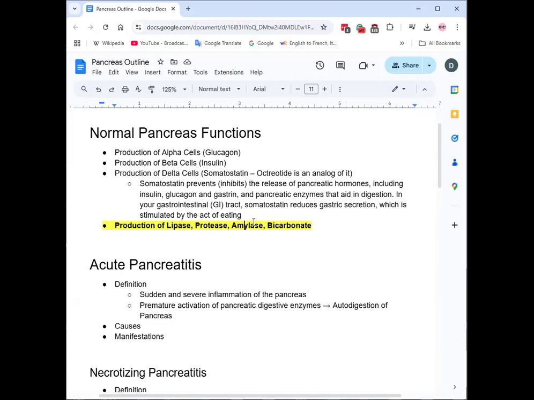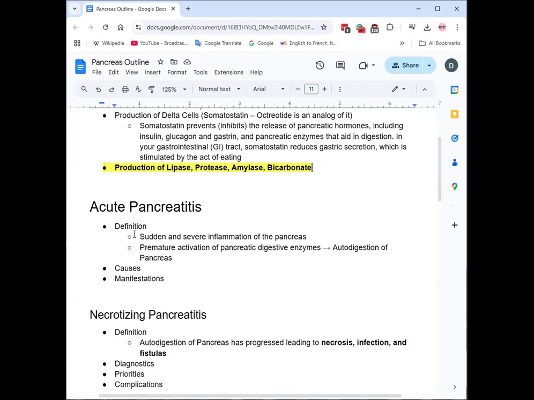The kidneys will waste or keep bicarbonate depending on what the body needs, but the actual production of it comes from the pancreas. So essentially, the pancreas has functions with glucose regulation, metabolism, as well as acid-base balance. Okay, that's a general overview.